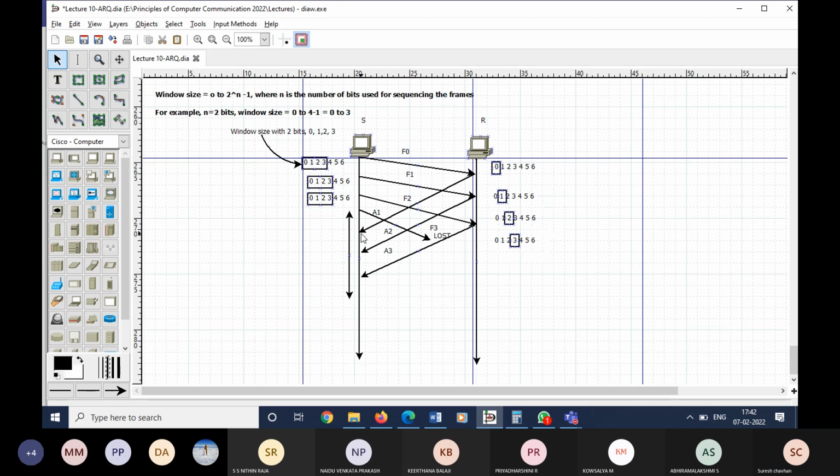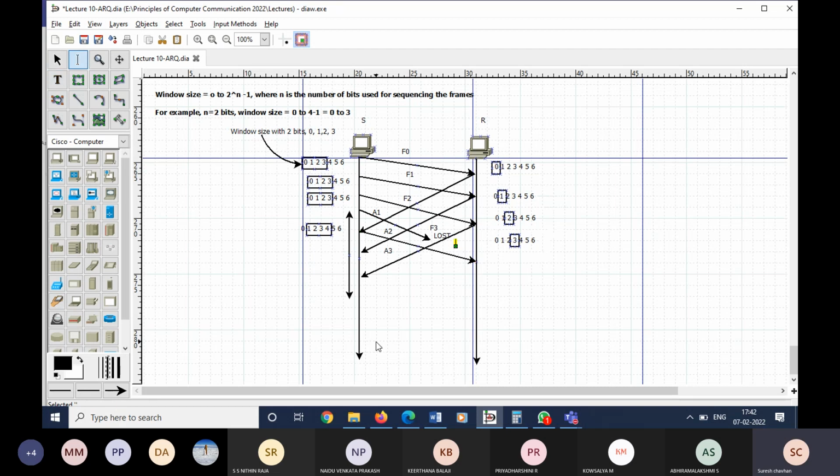At this point, the window shifts like this because it has received the A1 acknowledgement. Here it won't send F1; it will send the next packet. After F3 it will be F4. Here F4 will be coming.